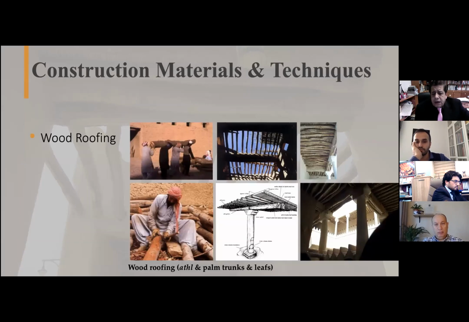As far as roofing, athil, which is a local tree, and palm trees are the main source of materials for roofing. The trunks from these trees are used as beams, and the leaves, after being shaped into mats, are placed on top of the beams.